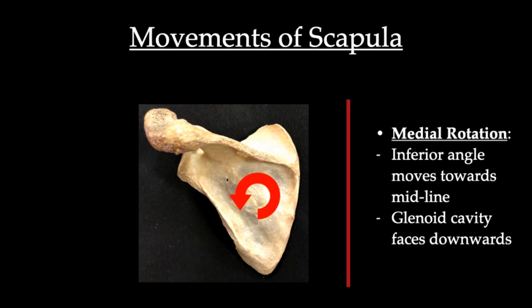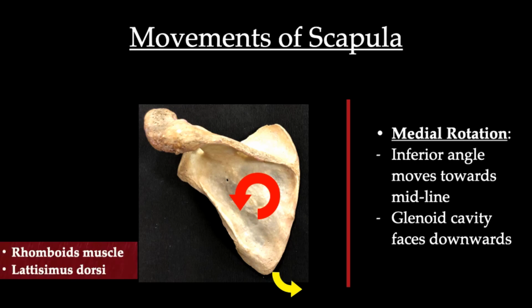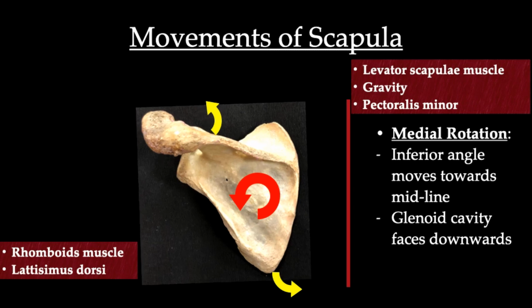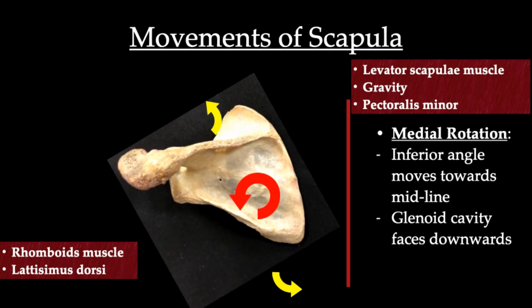So this occurs whenever the inferior angle is pulled medially, which is done by rhomboids, both the rhomboid major and rhomboid minor, along with the latissimus dorsi, and the lateral angle must be pulled upward, which is done by levator scapulae and pectoralis minor muscle. So this is how medial rotation occurs, and you can see the inferior angle is now closer to the midline and glenoid cavity is facing downward.